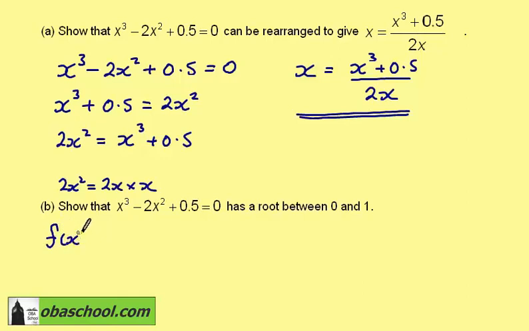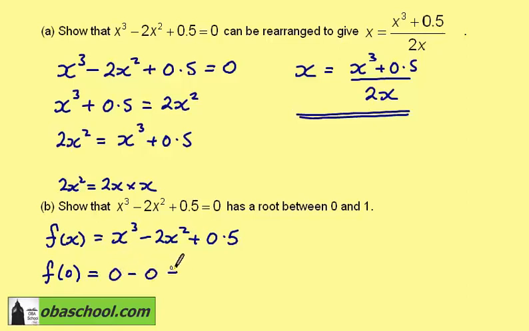So f of x is equal to x cubed minus 2x squared plus 0.5. f of 0 then is going to be 0, take away 0, plus 0.5, which is 0.5. f of 1 is 1, take away 2, add 0.5, which is minus 0.5.